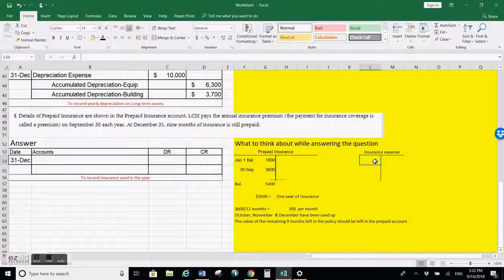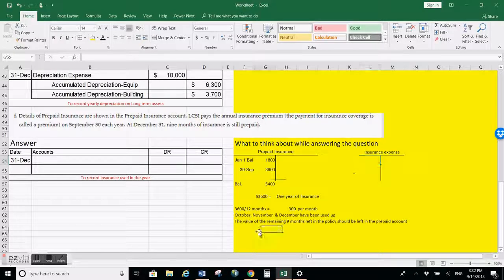And what we want to have remaining in the policy is 9 months worth of insurance, because we'll have 9 months to use. We're going to have January, February, March, April, May, June, July, August, September to go in the following year, in 2018 in this question.